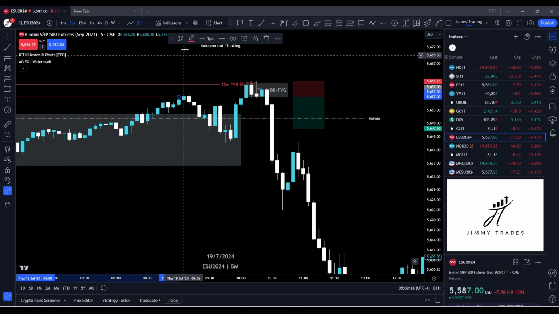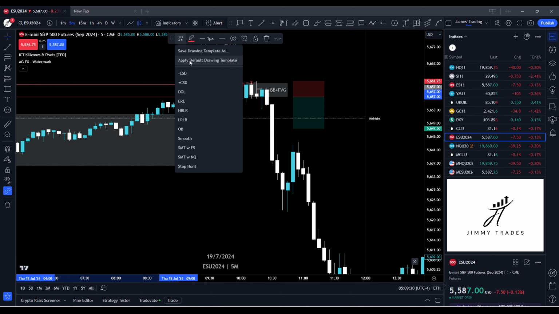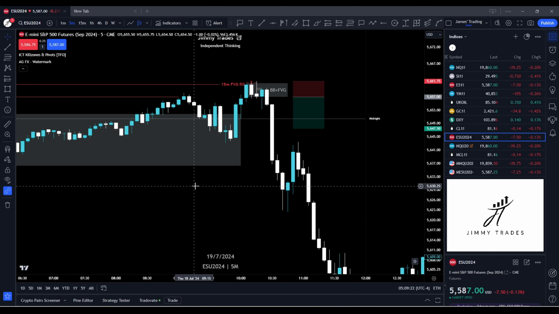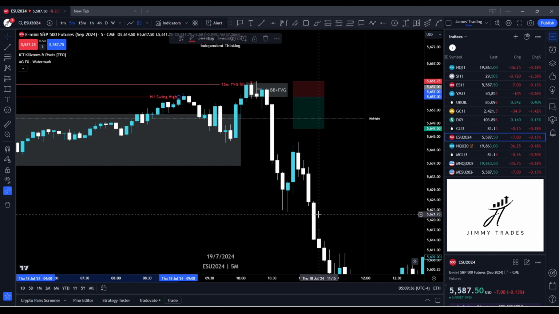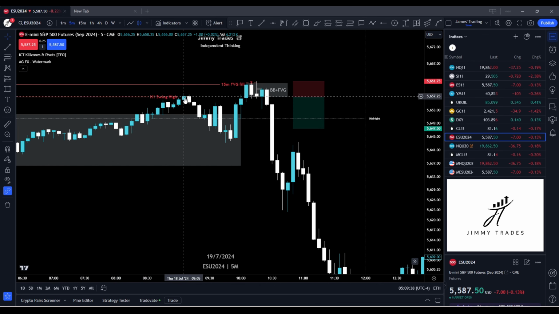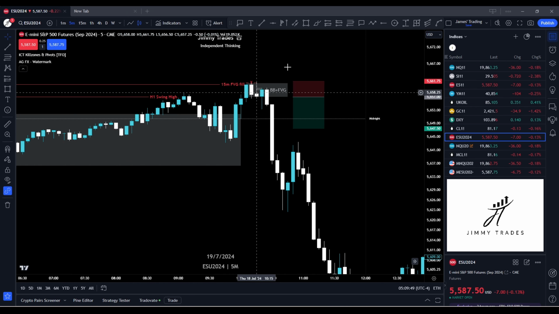If you were using the hourly, there's your sweep. We did push lower and then we moved higher. So that would be your stop hunt into a higher time frame point of interest.